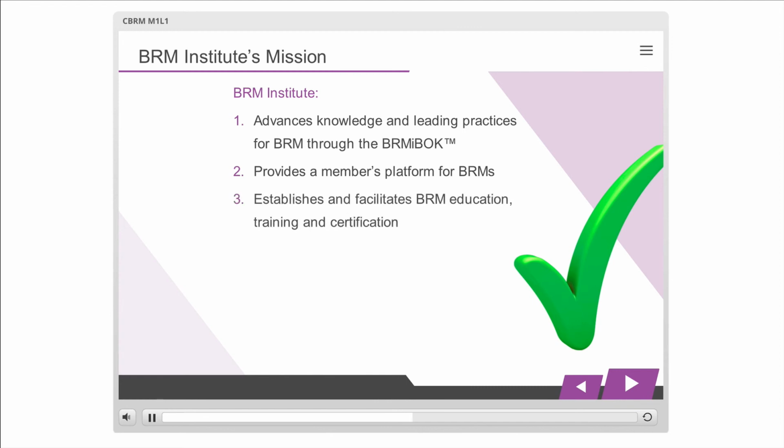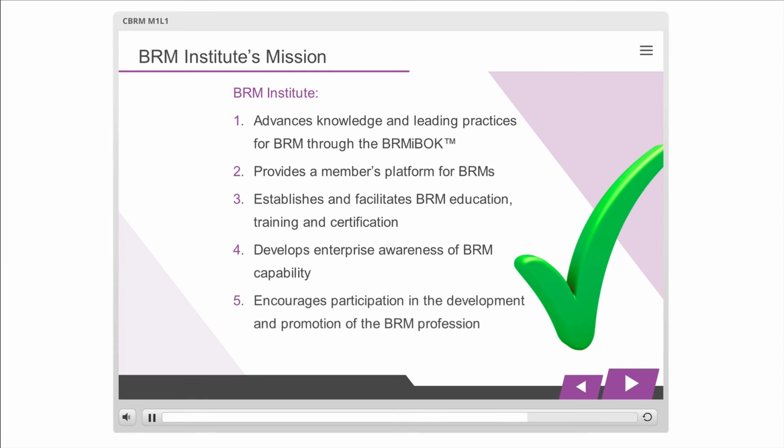Establishes and facilitates BRM education, professional training, and certification programs. 4. Develops enterprise awareness as to how BRM capability improves business performance. 5. Provides opportunities for participation in the development and promotion of the BRM profession. And 6. Conducts research and builds partnerships to advance the BRM discipline and practice.